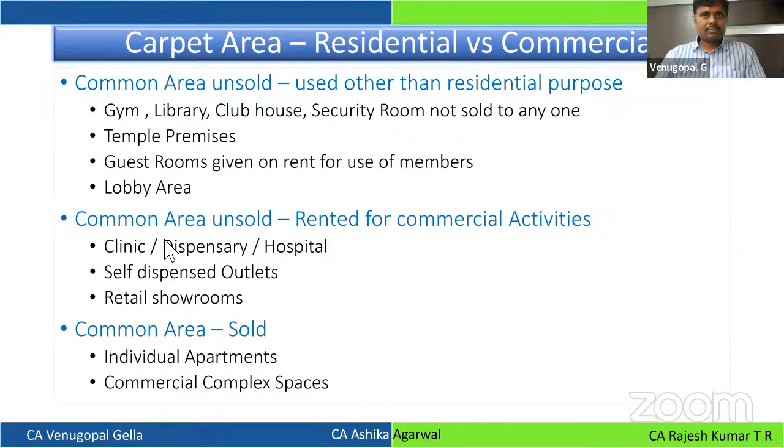So though the approval plan says commercial area is less than 15%, the actual measurement goes more than 15%. In such a scenario, what are the rights and privileges of the sanctioning authorities? That is question number one. I'll ask question number two later.